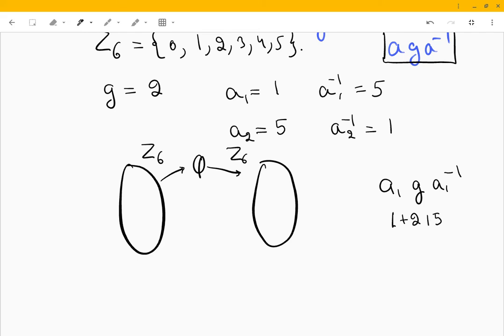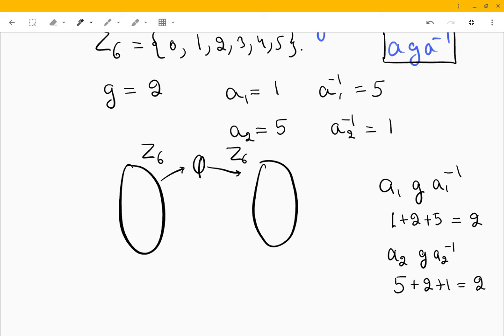The group operation is addition, so we'll put a plus sign. Now 5 and 2, 7 and 1, 8, mod 6 is 2, right? Okay. And similarly, if I do A2 G A2 inverse, then I'll just get 5 plus 2 plus 1. Again, I'll get 8, and 8 mod 6 is 2.